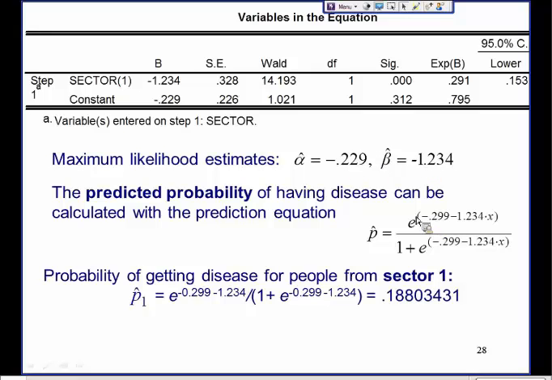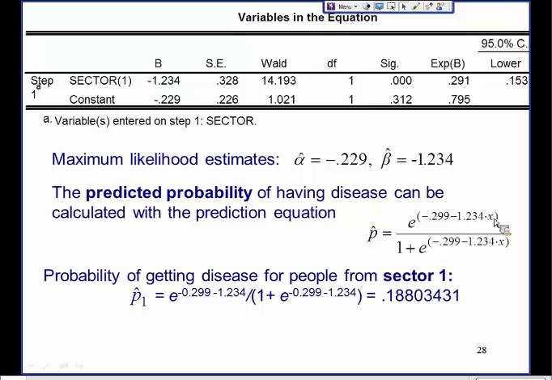We can put it in that probability prediction formula to predict the probability of success. Right? The model predicts the probability of getting value 1 for the response variable. If value 1 indicates having disease, then this model will be the probability of getting disease, right? And X in this case is the sector variable, 1 indicating living in sector 1, 0 indicating living in sector 2.